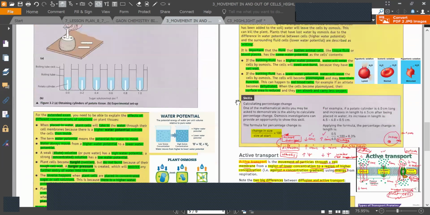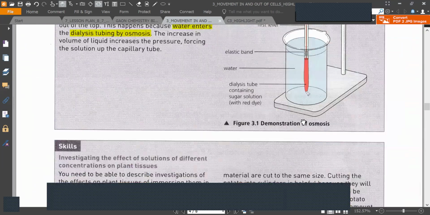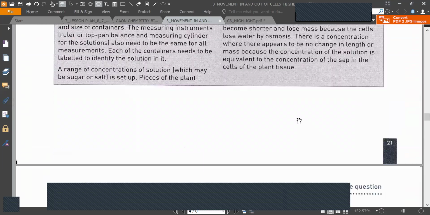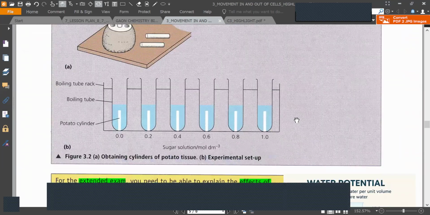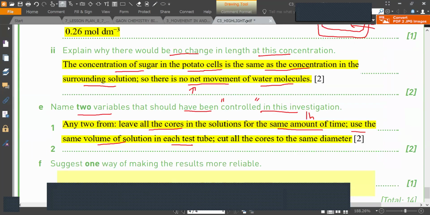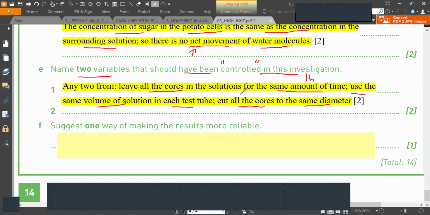We must make all the potato cores the same size. At the beginning, they are put in the same amount of solution. So all of this must be constant. Cut all the cores to the same diameter, must be the same size.